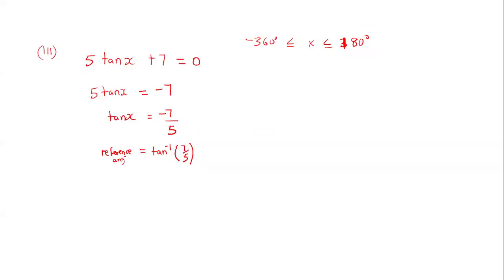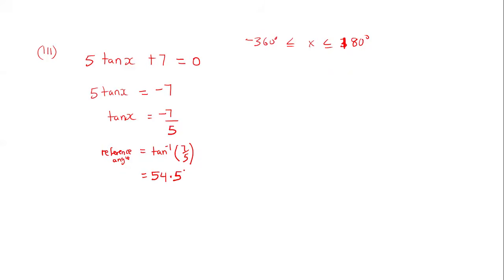But Poleman, we say that the negative is just an indicator of where your angle lies. So which angle do you get? The reference angle is 54.5.